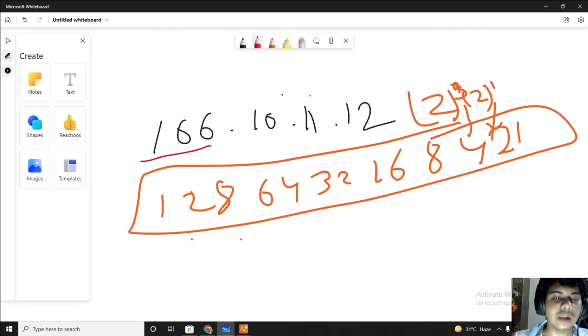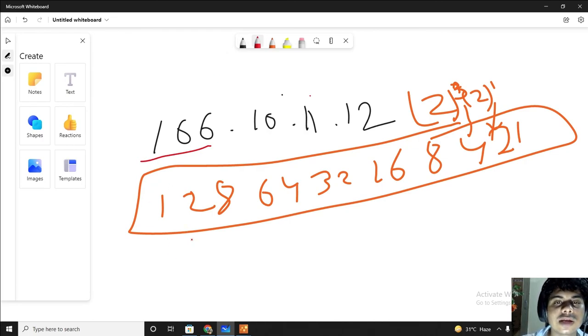Now how to calculate: I have used 128, so you just have to think, who helped me make that 166 your number.